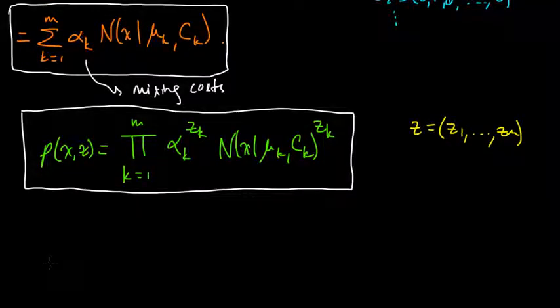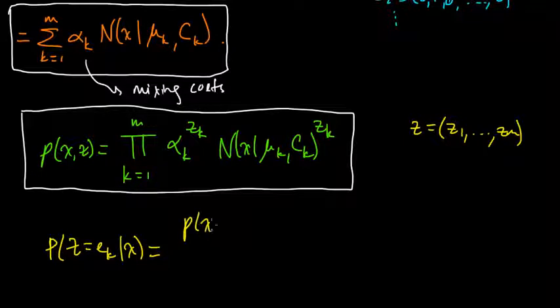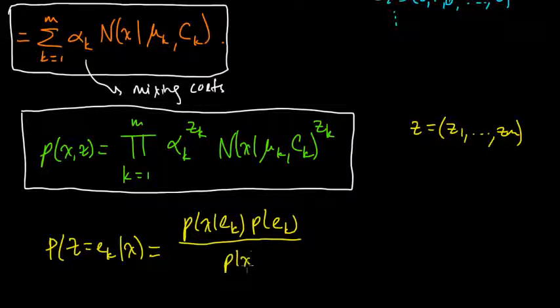Okay, so one other formula which will be useful for us. Let me write down the probability that z equals ek given x. This conditional probability, we can use Bayes' rule. So it's the probability of x given that z equals ek, times the probability of ek, divided by the probability of x.